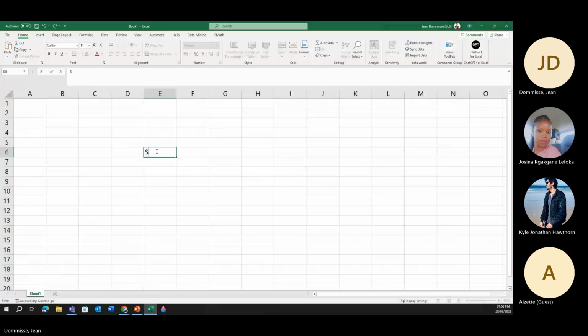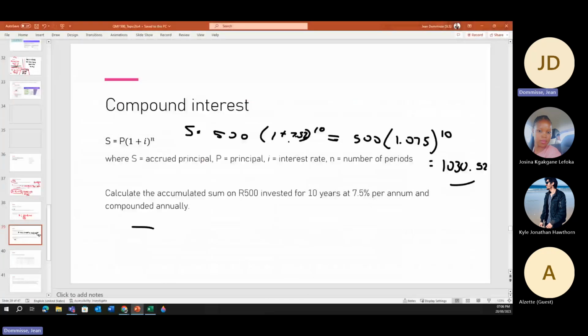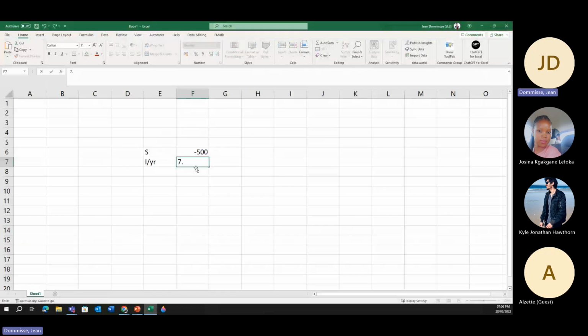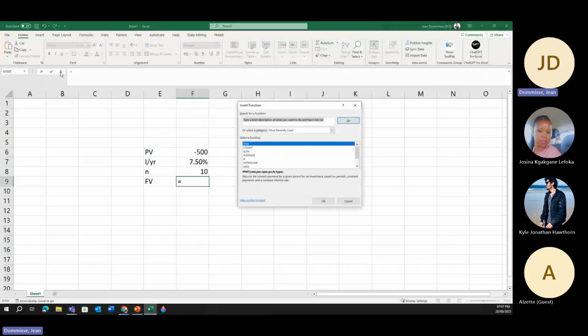So we've got your S was 500. We had your interest rate as, what was it, 7.5%, and N was 10. Okay, so we wanted to work out what your future value is going to be. We could have gone, okay, let's go to, this is weird.